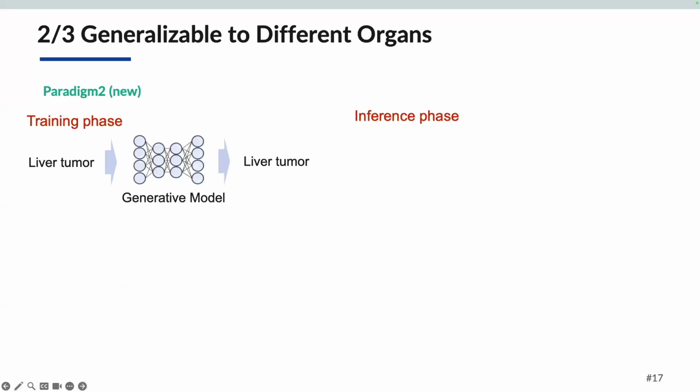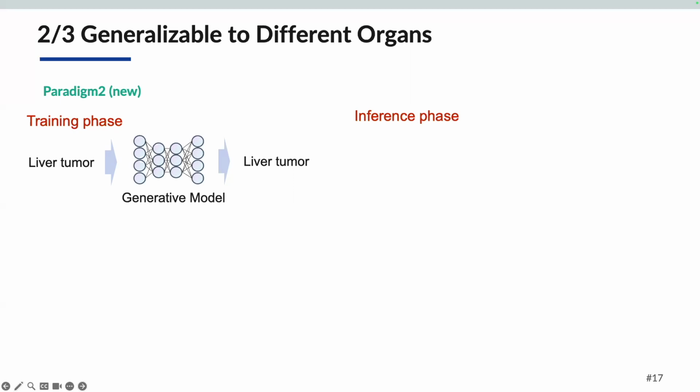To reduce the workload brought by the current paradigm, or previous paradigm one, we aim to use synthetic data to achieve generalizable tumor segmentation across different organs, creating what we call paradigm 2.